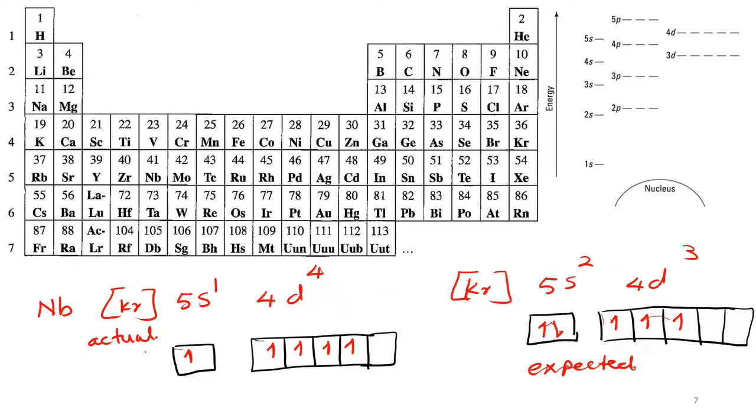Comparing the actual and the expected, you can see that in the actual one, it is much closer to getting a half-filled situation. This one is actually half-filled. And the others, they're almost there.